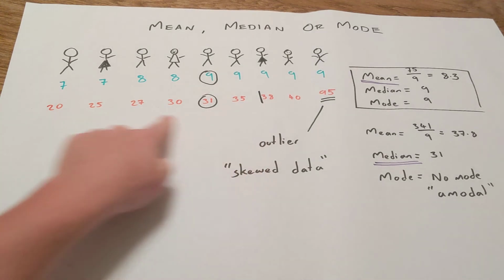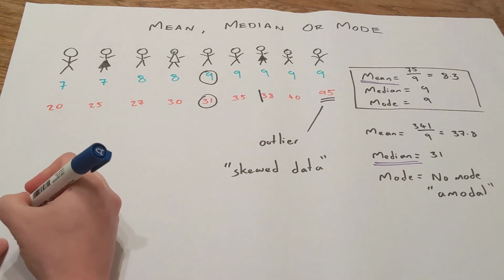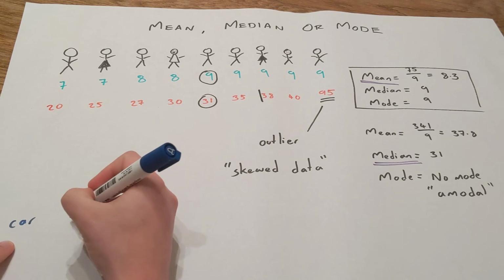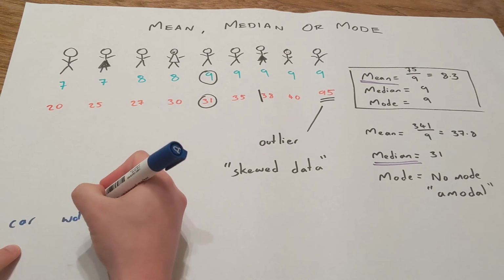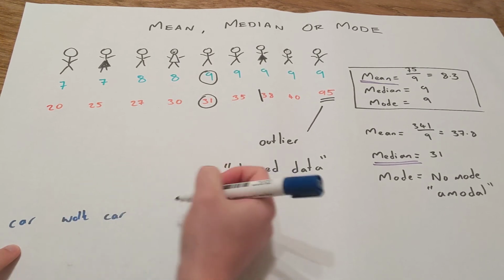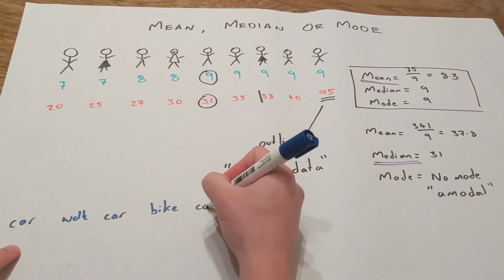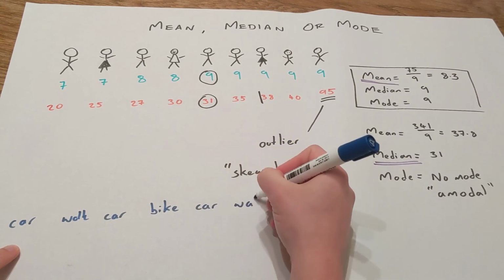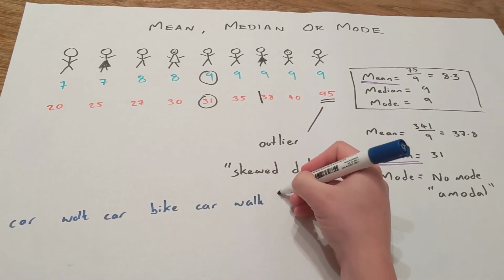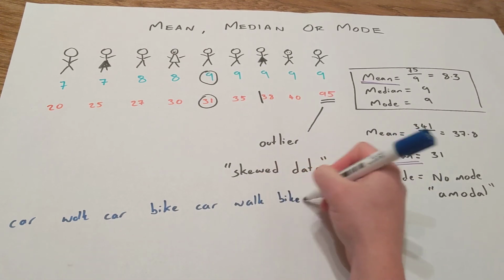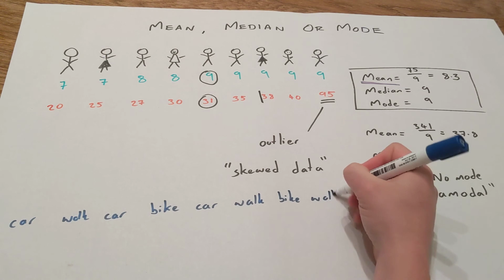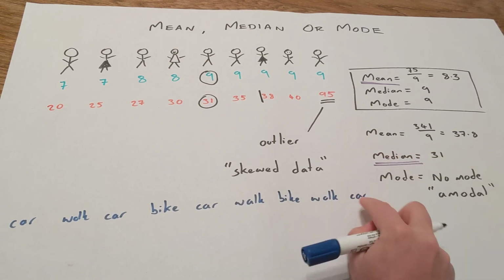Let's say then these people got to school by car, walk, car, bike, car, walk, bike, walk, and car.